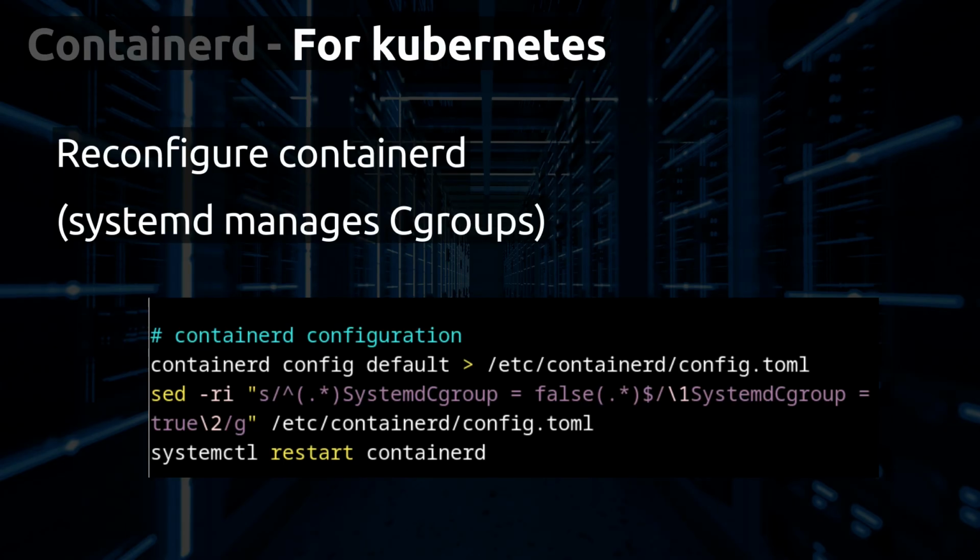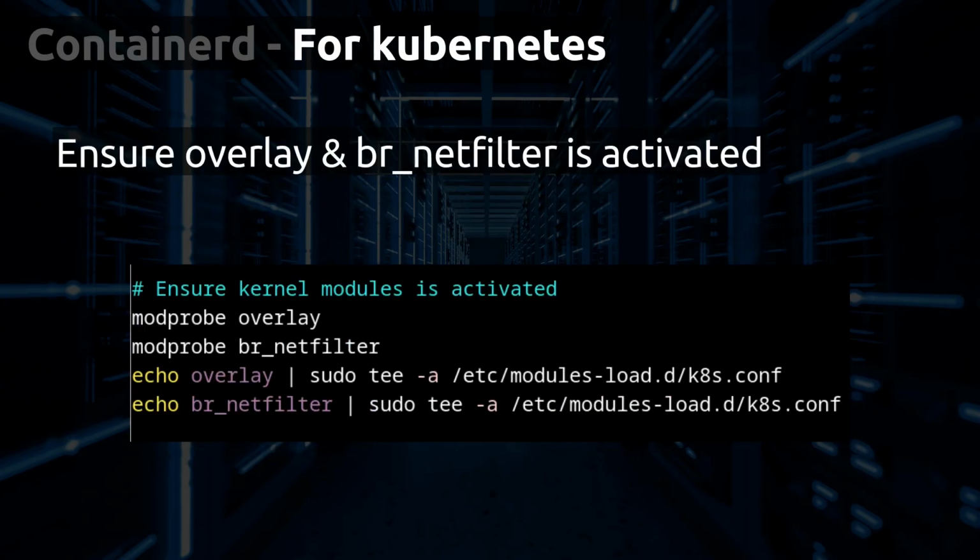That means that Containerd manages cgroups directly, but in our case, as a prerequisite of kubeadm usage, we need to say that we prefer that systemd manages cgroups rather than Containerd. And yes, that's the thing about Containerd.